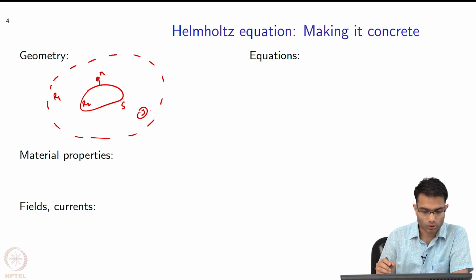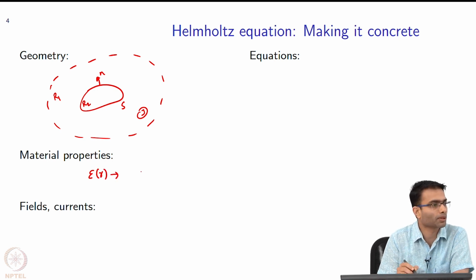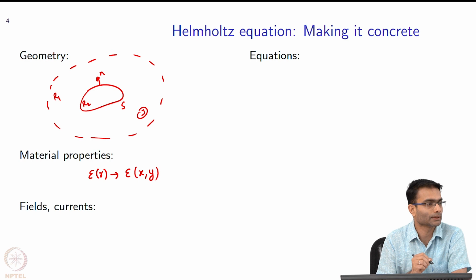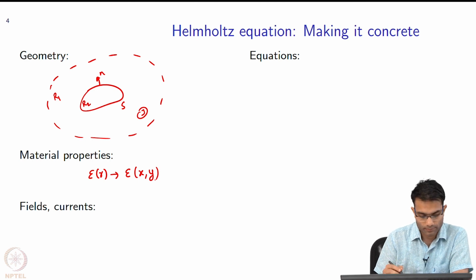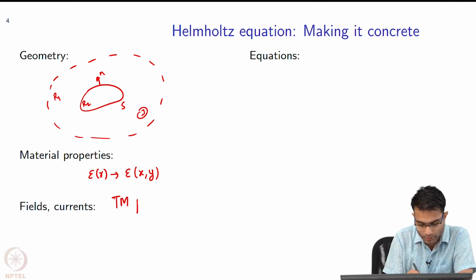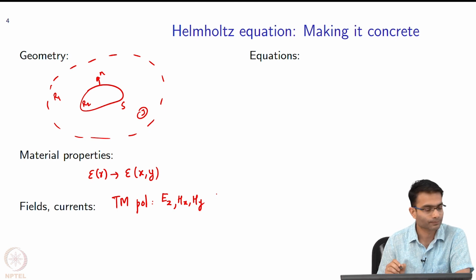Material properties we have already seen. Epsilon r characterizes the material properties, and it is going to be a function of x and y. Now, the fields and the currents. We are working with the TM polarization, for which Ez, Hx and Hy, this is what we said.